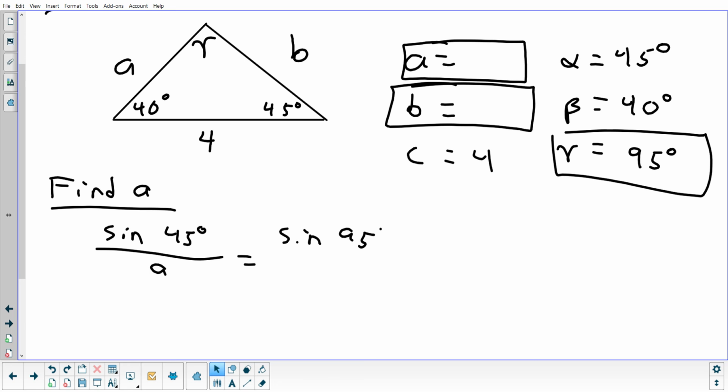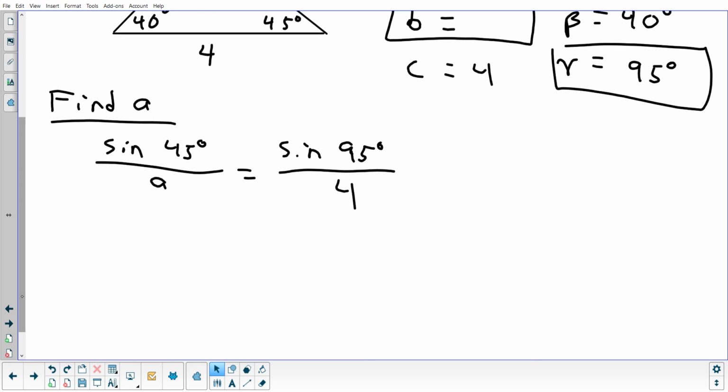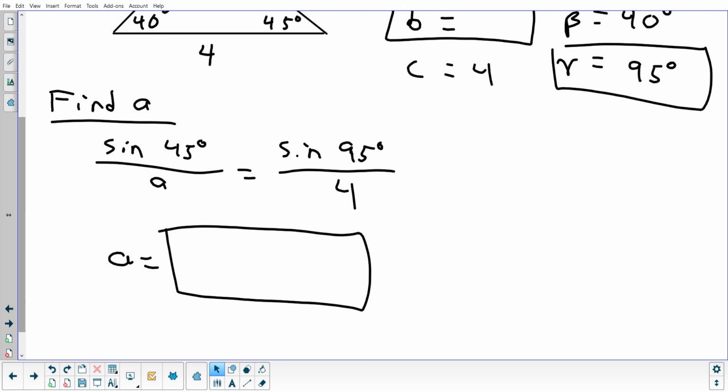Sine 95 over 4. And now we're going to cross multiply. And Jake, can you tell me what A will equal, just in terms of this times this divided by that? 4 times sine of 45 over sine of 95. Perfect.